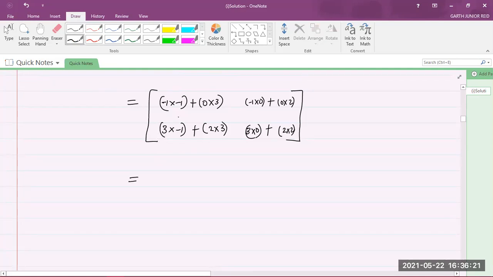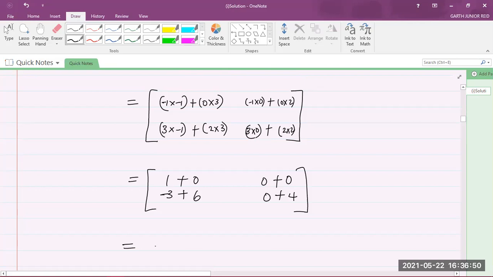So -1 multiplied by a -1 will give us a +1, and 0 times 3 is 0. 3 times -1 is a -3, plus 2 times 3 is 6. -1 times 0 is 0, plus 0 times 2 is 0. 3 times 0 is 0, plus 2 times 2 will give us 4.